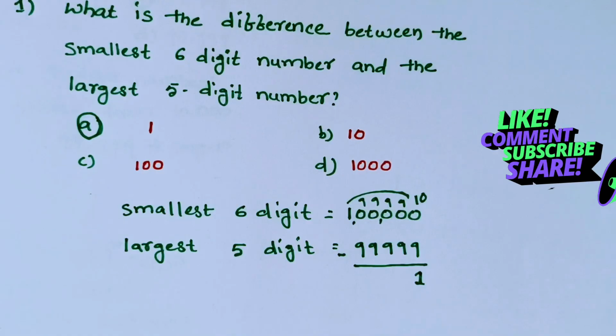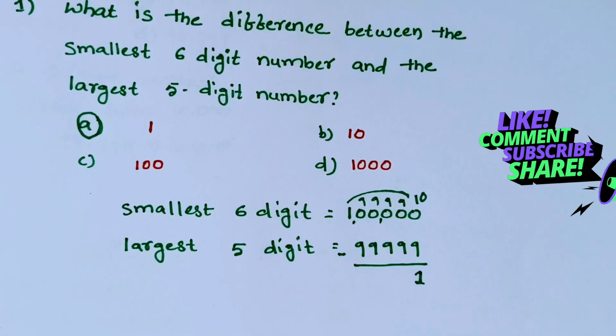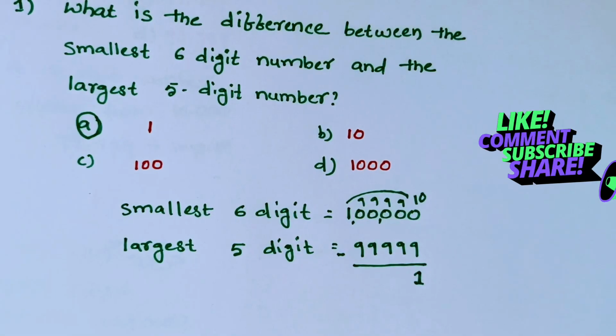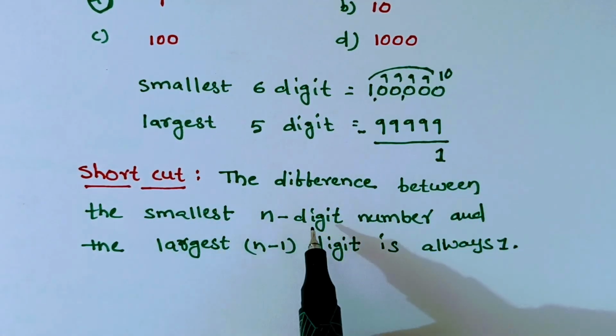Remember this shortcut. The difference between the smallest n-digit number and the largest n-1 digit number is always 1. I am writing the shortcut here.